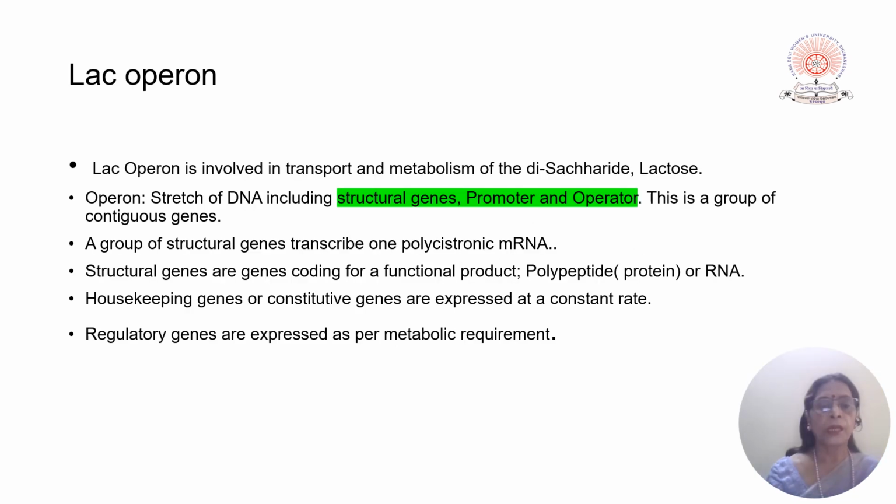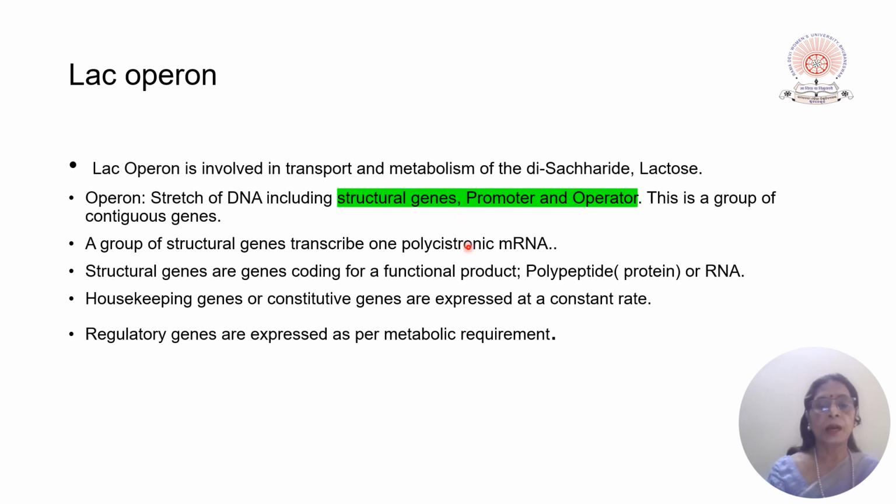In E. coli, the lac operon is involved in the transport and metabolism of the disaccharide lactose. An operon is defined as a stretch of DNA that includes the structural genes, promoter sequence, and the operator sequence. These are a group of contiguous genes because they are placed near to each other.